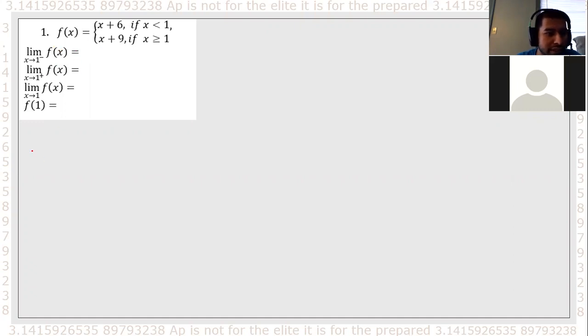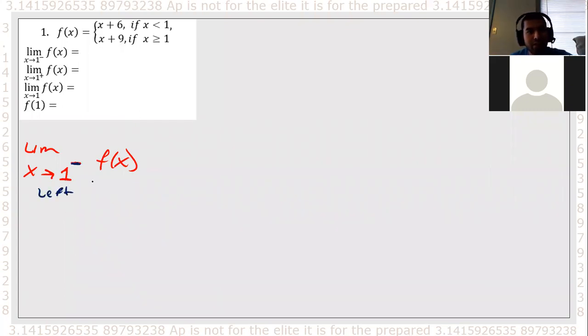So the first one says the limit as x approaches 1 with the minus exponent on the function. Okay, so this is where you gotta think. You gotta look at this minus, this 1 right here, and it's talking about the exponent being a negative sign, so that is on the left.